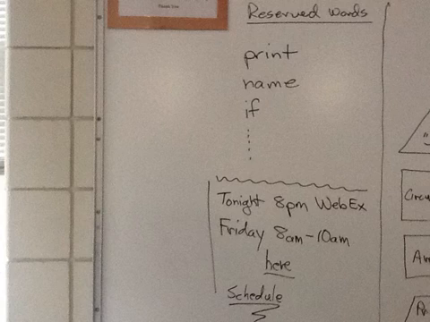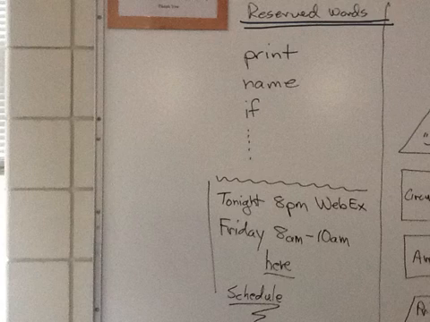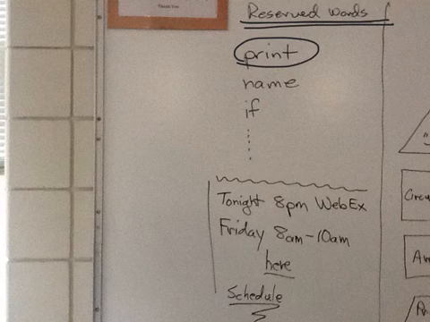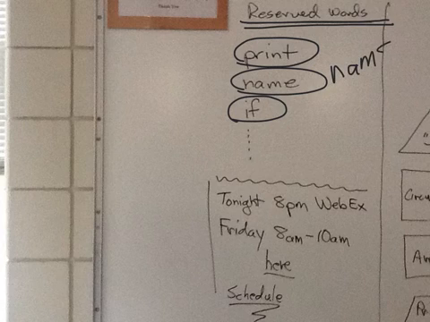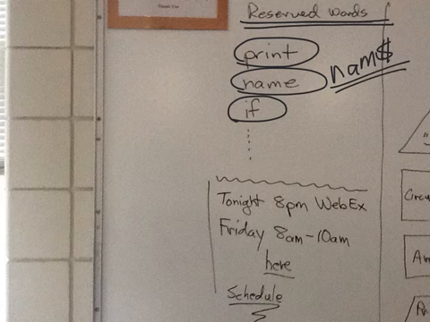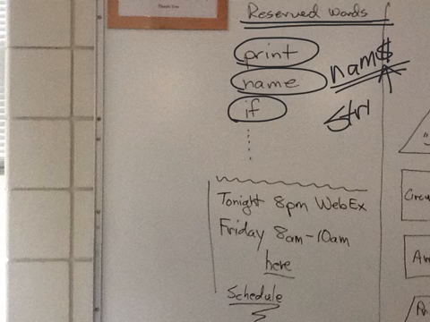A couple people had some issues with some variable names. All programming languages have reserved words. For example, you can't use the word print in a program as a variable. You can't use the word if as a variable in a program. And name is reserved, so you have to use something else. NAM$ maybe is a pretty common thing. Most people, old school, used to put a $ on there to indicate that it's a string of information.